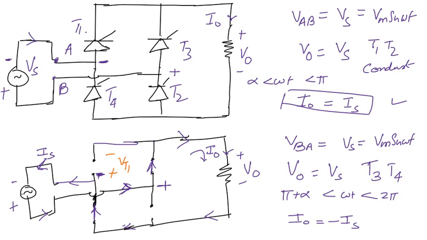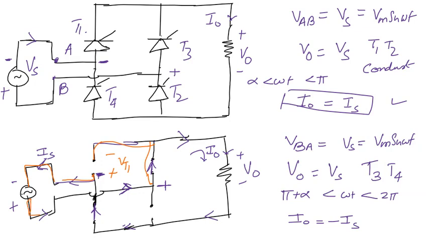So during T3 and T4 conduction, T1 is off. This is positive, but this is negative, right? This point is connected with this, and this point is connected with this. So it is actually experiencing minus Vs, right?